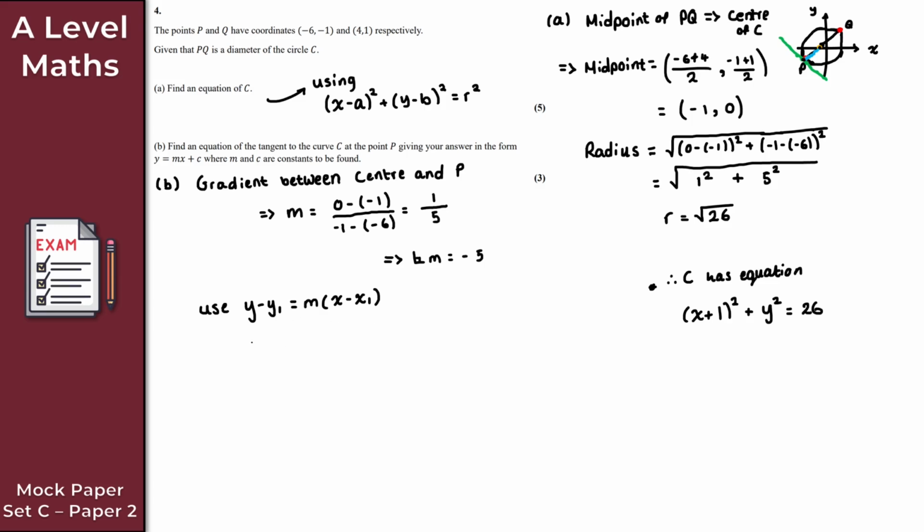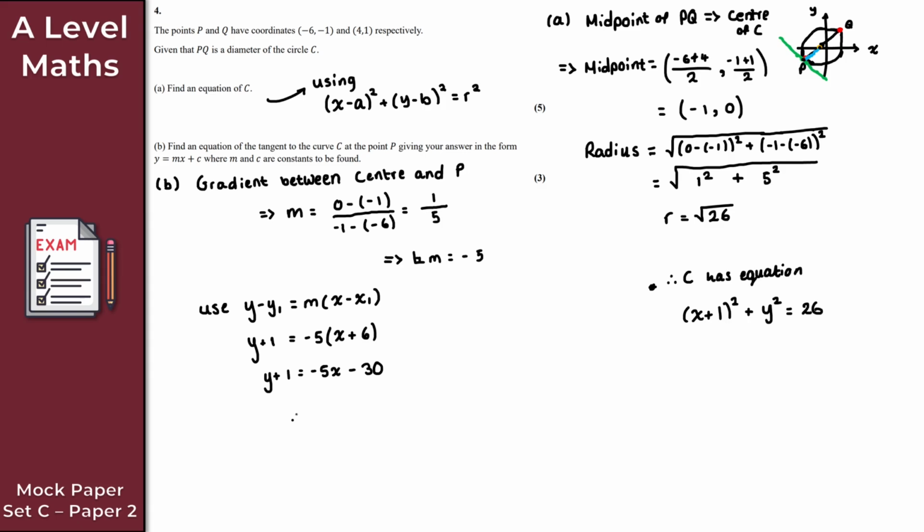So what I get here then is y minus y1, where y1 is minus 1, so y plus 1 here is equal to m, where m is minus 5, times x minus x1, where x1 here is minus 6. So I get x plus 6 there. Okay, let's expand here the right-hand side. We've got y plus 1 is equal to minus 5x minus 30.